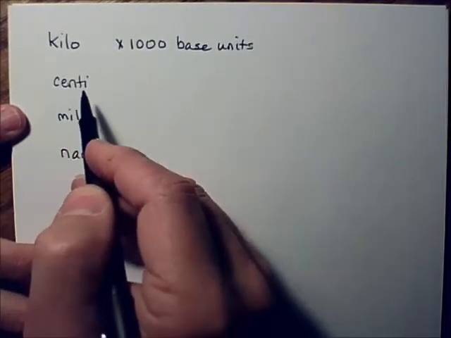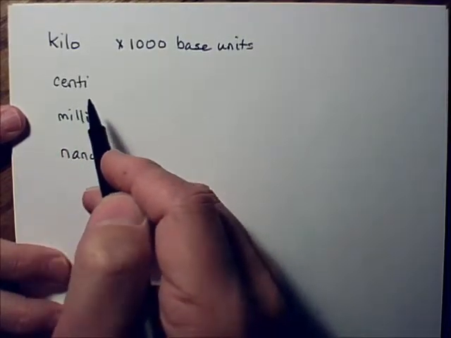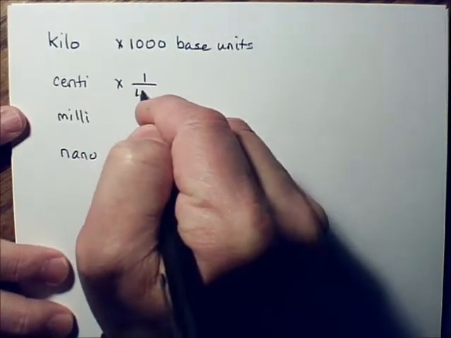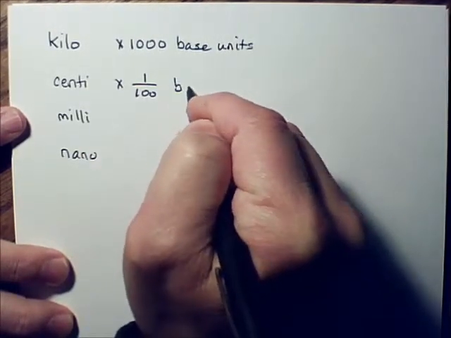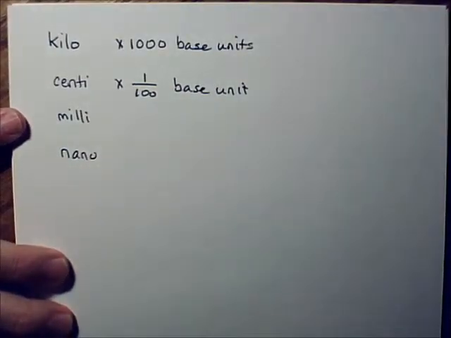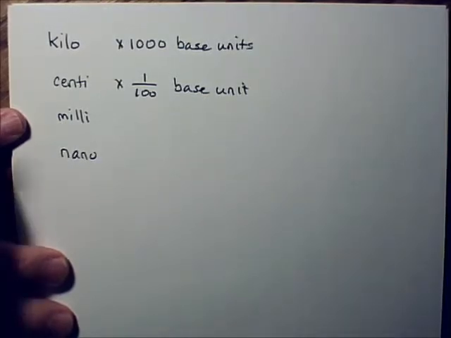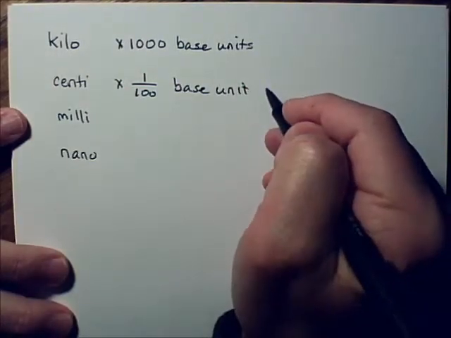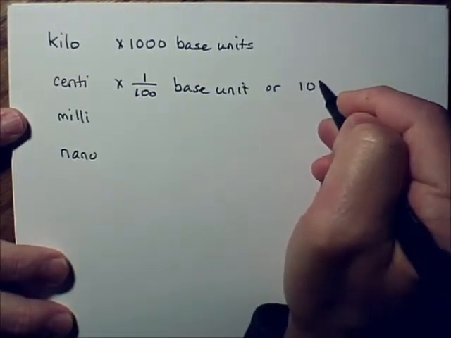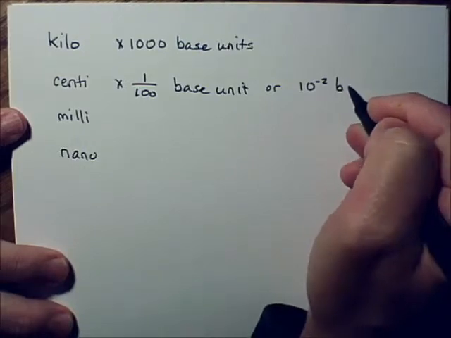So centi is a 100th of the base unit. So it's times 1 over 100 of that base unit. Okay? So a centigram is a 100th of a gram. And 1 over 100 is the same as 10 to the negative 2 of the base unit.